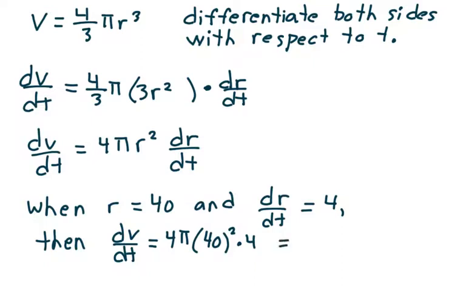But 4 times 4 is 16, so this is 16 pi times 1,600. Okay? But 16 times 16 is 256. And so, therefore, dv dt is equal to 256 followed by 2 zeros, so 25,600 pi.